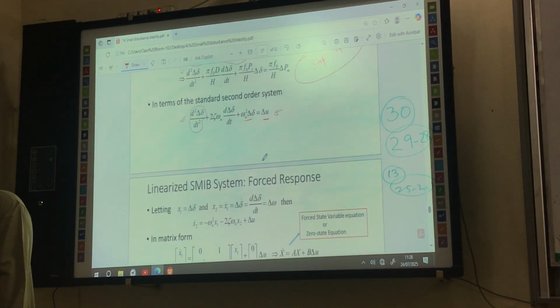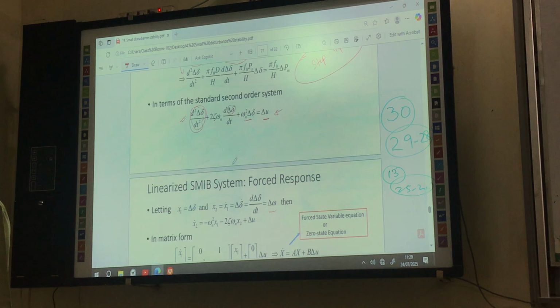So now again, in the first step we have to determine the state variables. How many state variables will there be? 2, as this is a second order system. The first one will be this del delta, the second one will be del omega. And what will be the x2 dot now? This is our x2 dot.